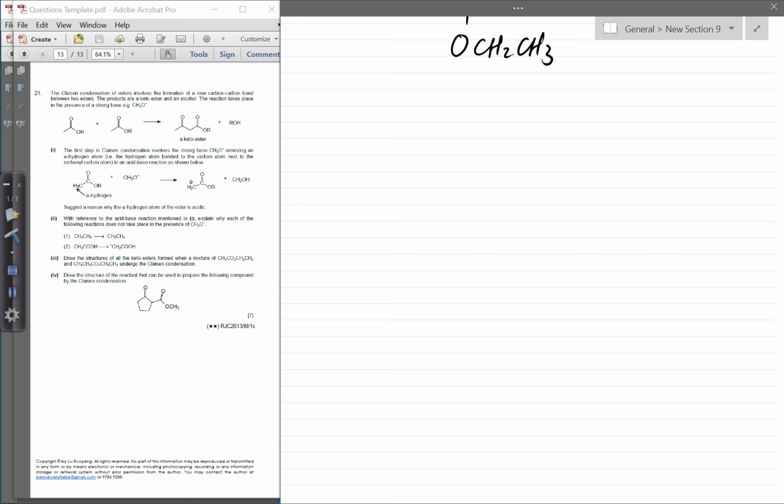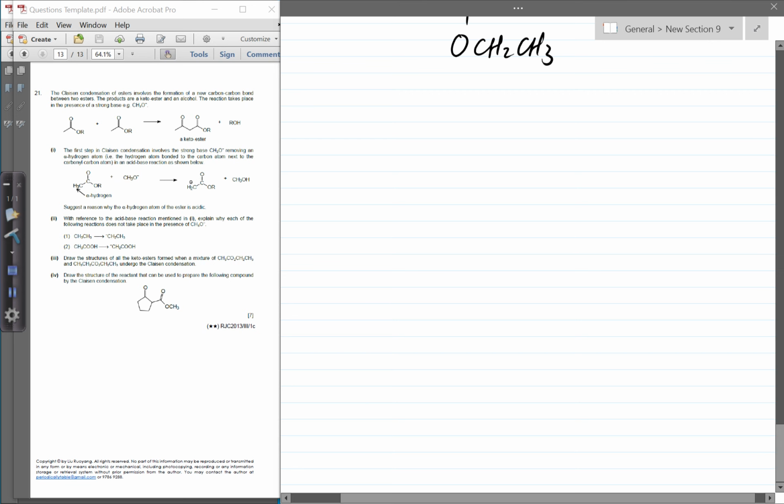And then for the next one, it seems okay. It's an alpha hydrogen, but why will you not form the second species? If this is correct, why wouldn't it deprotonate this to form the desired product? Because the H is more easily lost. Yes, okay.